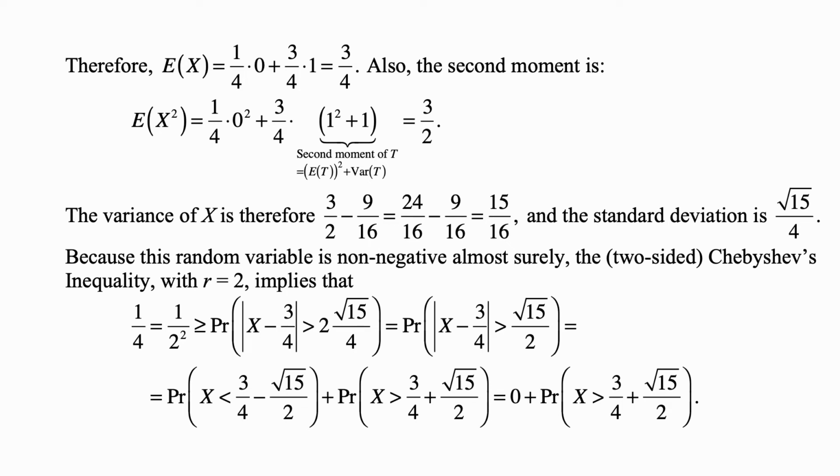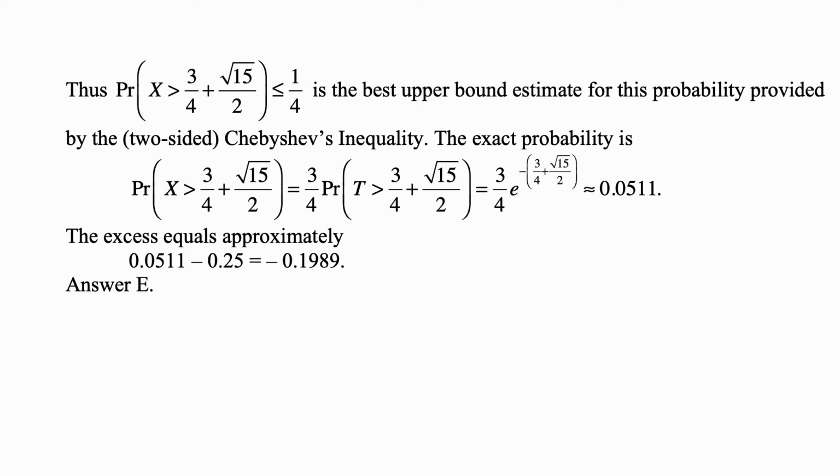So we get the estimate that 1/4 is greater than or equal to the probability that x is more than 3/4 plus square root of 15 over 2. That's the estimate given by the two-sided Chebyshev's inequality. So, again, the probability that x is more than 3/4 plus square root of 15 over 2, less than or equal to 1/4, is the best upper bound estimate for this probability provided by the two-sided Chebyshev's inequality.